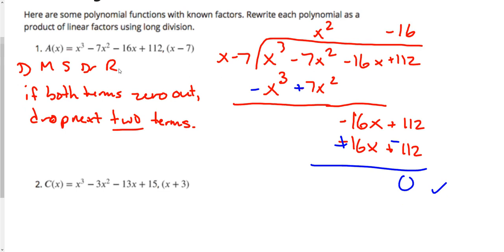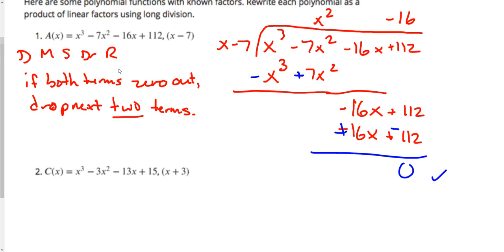I'm trying to see if I can quickly come up with an answer in my head. It doesn't look like I can. I'm trying to think of what that might be without having to do the whole long division out. It's going to have an x squared. It's going to have a 5.